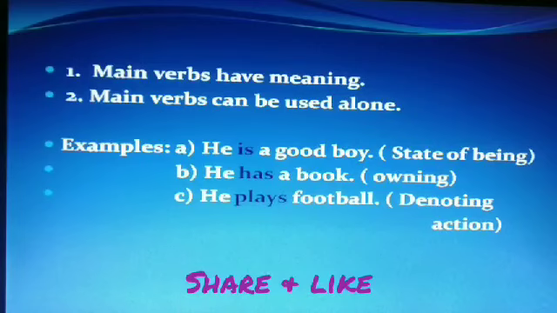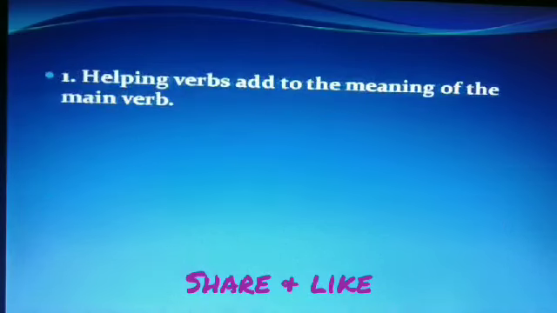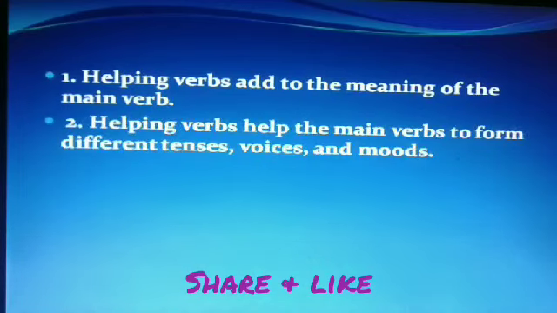Now helping verbs. Helping verbs add to the meaning of the main verb. They have no meaning of their own. They add or extend the meaning of the main verb. They just modify the meaning of the main verb. Helping verbs help the main verbs to form different tenses, voices, and moods.